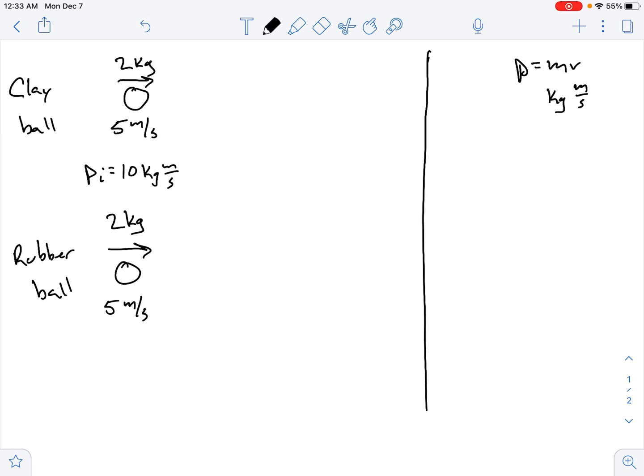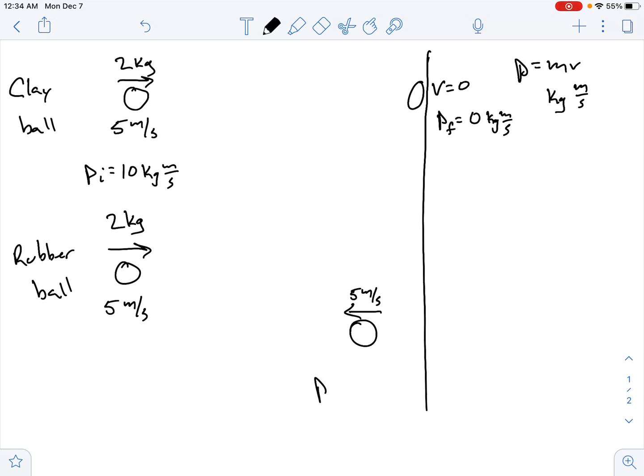Now, the clay ball, when it goes flying at the wall, it's going to hit and stick. So its new velocity is going to be 0, which means it has a final momentum of 0 kilogram meters per second. The rubber ball, however, is going to do what a rubber ball does, and it is going to bounce back. And let's say that it again has a speed of 5 meters per second.